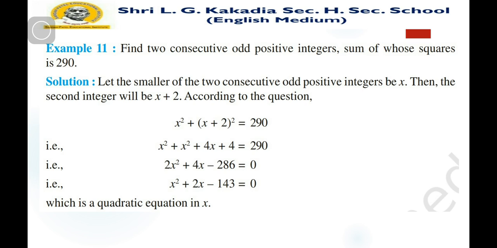Now, by using the quadratic formula, we have to compare the quadratic equation that we have derived with the standard form, that is ax square plus bx plus c is equal to 0. Then we can find the coefficients of all the terms.